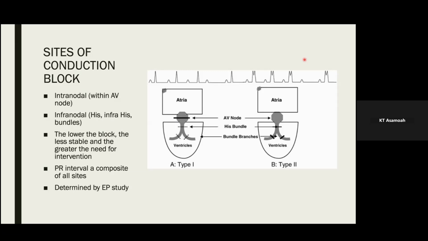And in fact, there are cases of first degree AV block that are due to conduction delays at the level of the His. And those ones are more severe than those that occur at the level of the AV node. And an EP study where you measure the A to H and H to V intervals will give you a much better appreciation of where the block is and what treatment is.